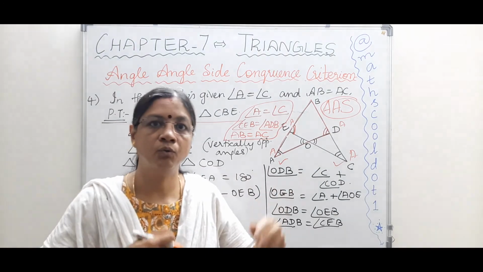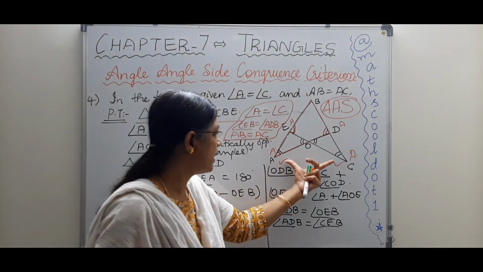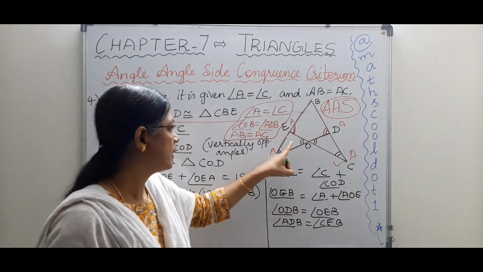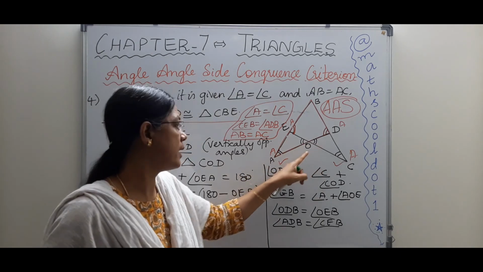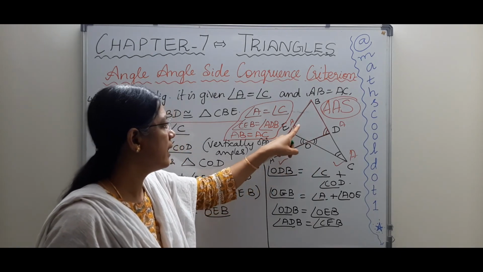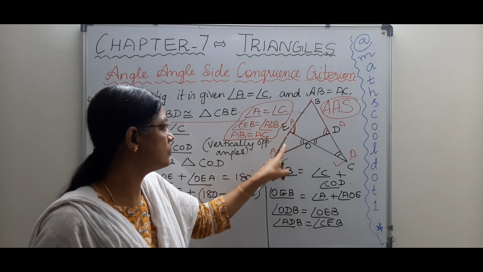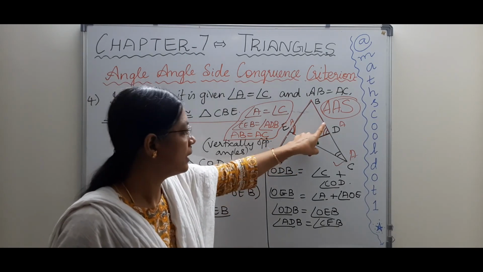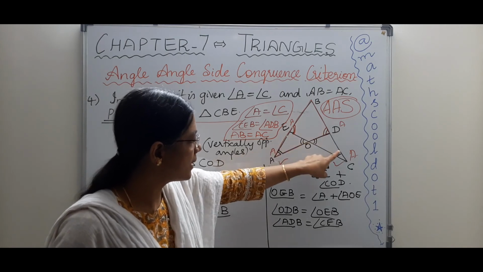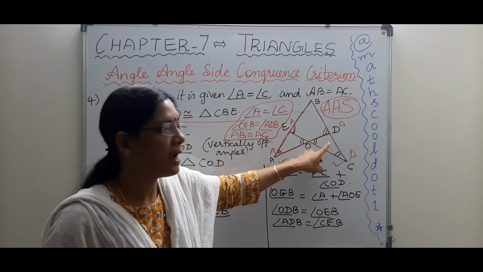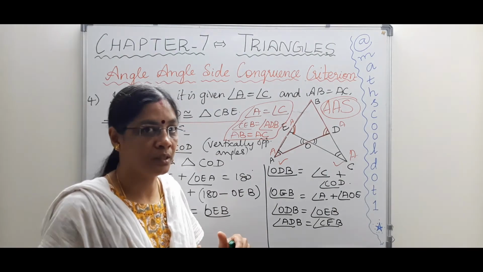So, do you understand how we proceed with this? With angles A and C we have, and vertically opposite angles we have. So, we have two angles, and using the exterior angle property, we have this angle to be the sum of these two angles. Likewise, with the exterior angle property for this angle, to find it we add these two angles, the sum of opposite interior angles, right?